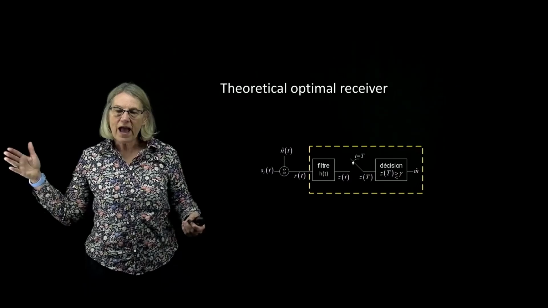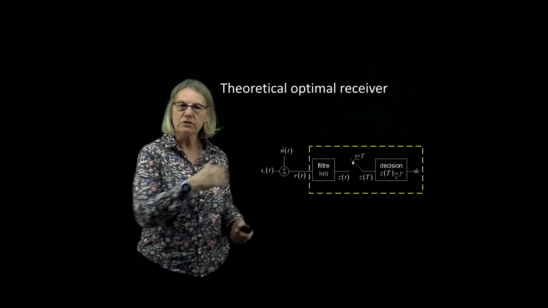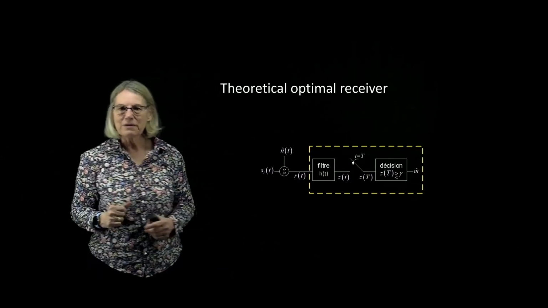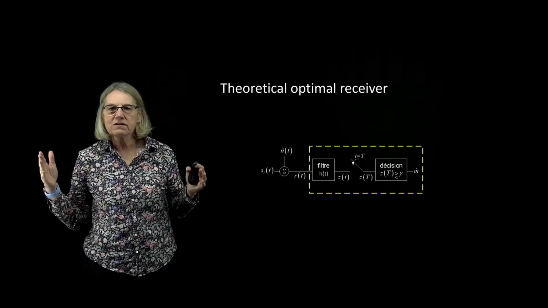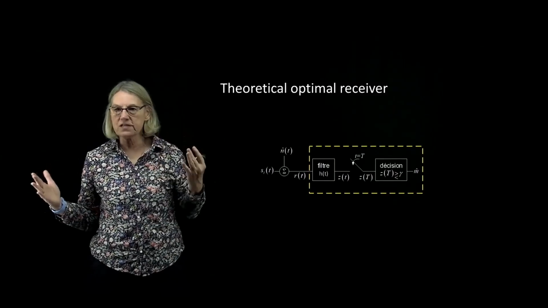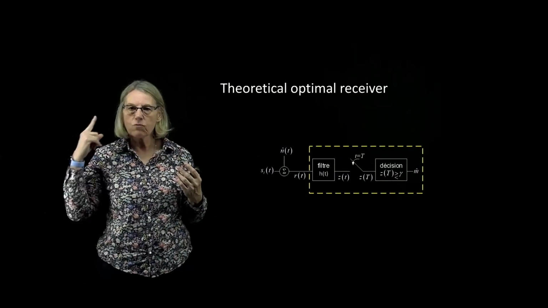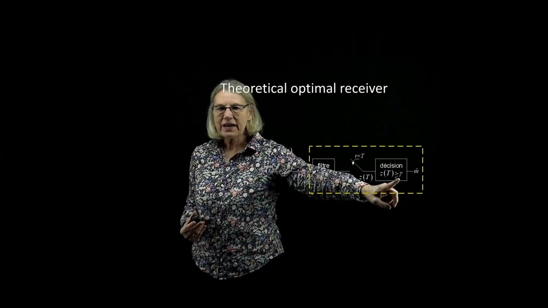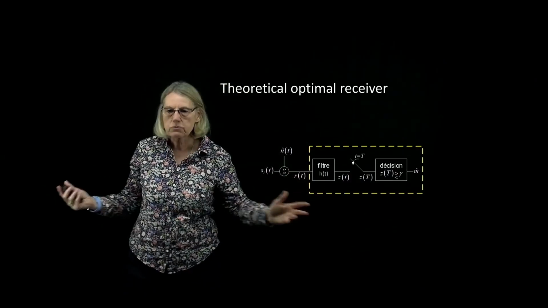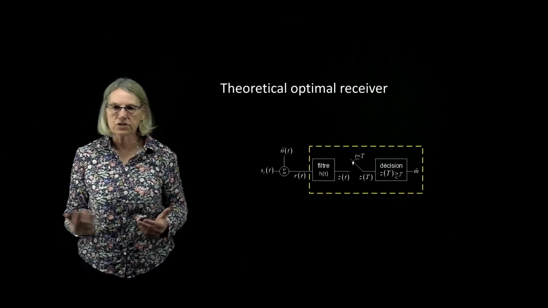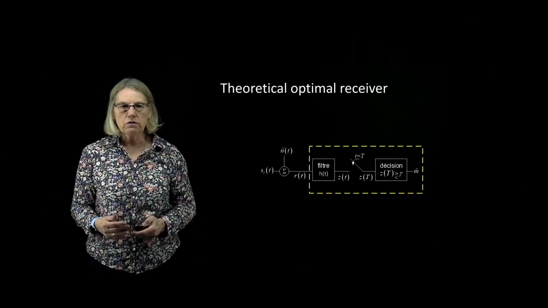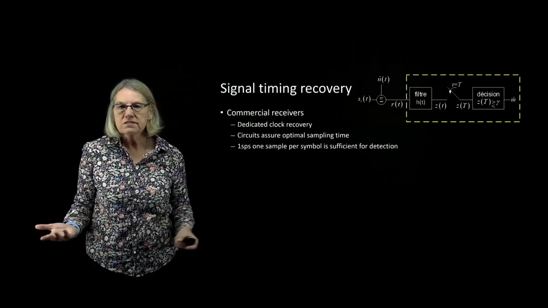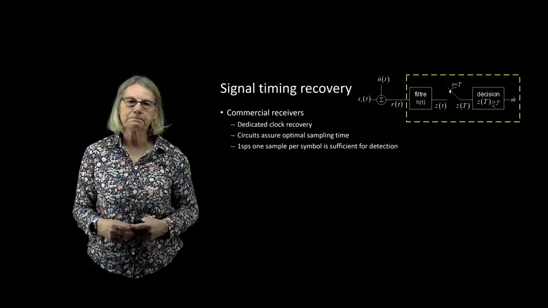Although I have an analog waveform coming in, which I'm filtering to eliminate noise, at some point I sample it once. I have one sample per symbol, and then I use that sample in order to make a decision. And remember, I can use threshold detection to make a simple decision process. So, in theory, one sample per symbol is enough.